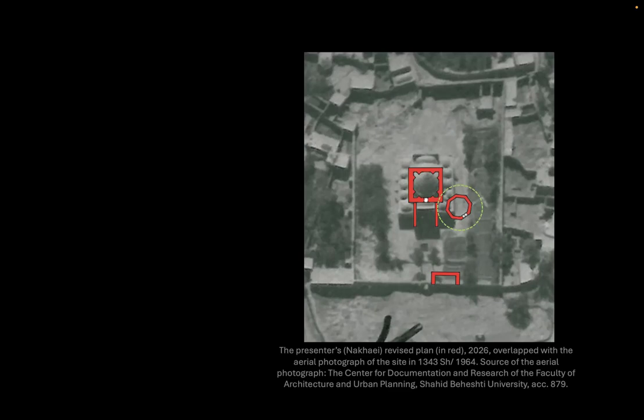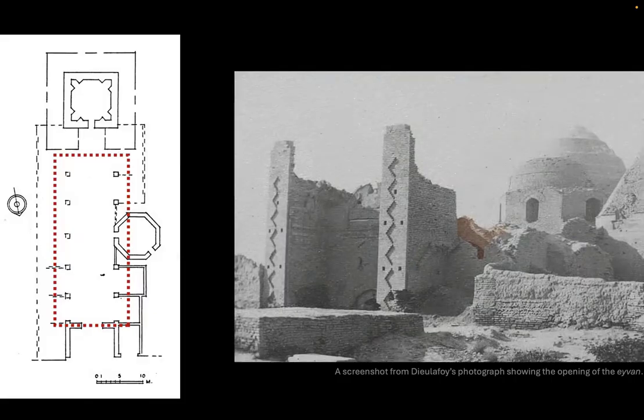So far, the model has helped us reassess the overall layout of the complex, but it also helps us to reconsider specific architectural elements. Let me turn to one example, the eyvan in front of the dome chamber. In Wilber's plan, the space between the entrance portal and the dome chamber is depicted as a long corridor.